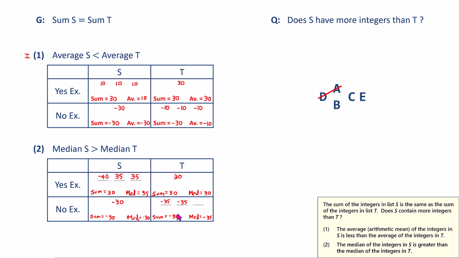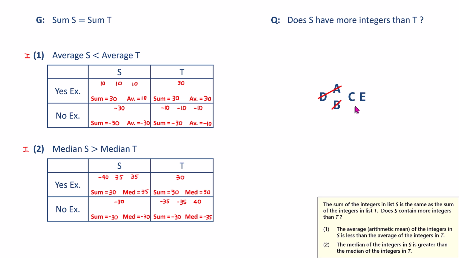And then to make the sum come out to be negative 30, the high number has to be 40. So now that we found both a no example and a yes example, we know that statement 2 is insufficient. And on our DABC grid, we can eliminate answer choice B.